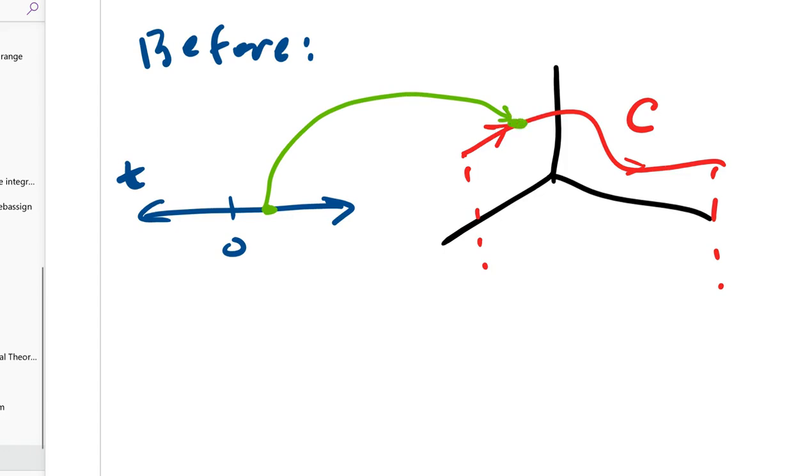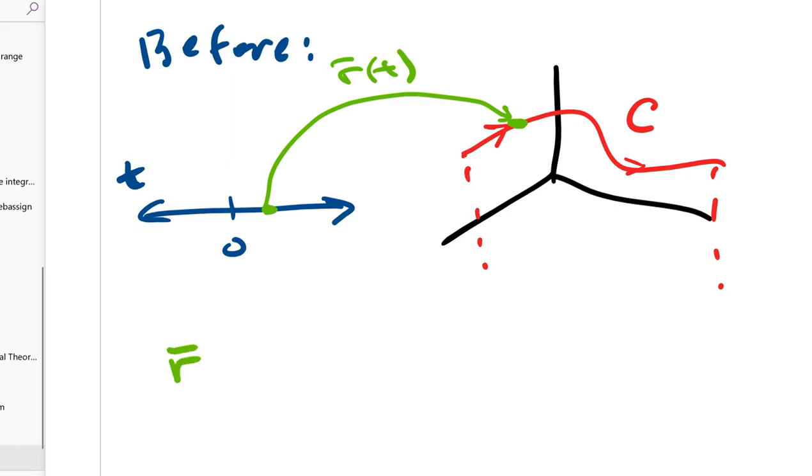And that association we called R of t. We didn't always use t. We could have used theta if we wanted, or x, whatever. The point here is that if you stretch out C, if you pull the ends of it, let's say, just informally, you get t back. You get this number line. So it's a one-to-one correspondence.